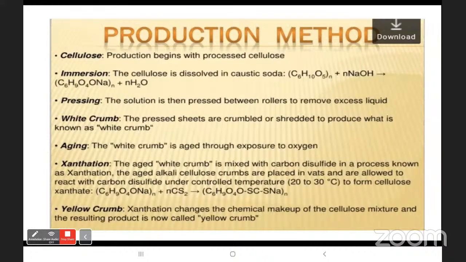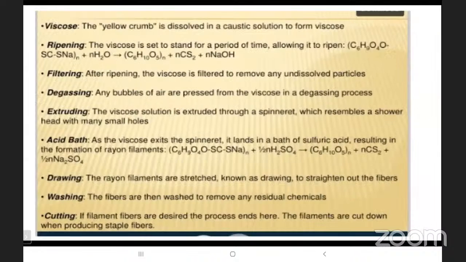So these are the production methods of rayon: cellulose immersion, pressing, white crumb, aging, xanthation, and yellow crumb, viscose, ripening, filtering, degassing, extruding, acid bath, drying, washing, cutting. Yes, so these are the preparation methods of rayon.